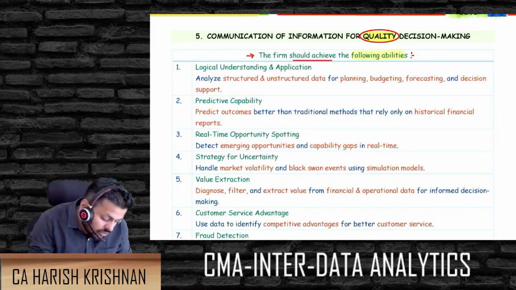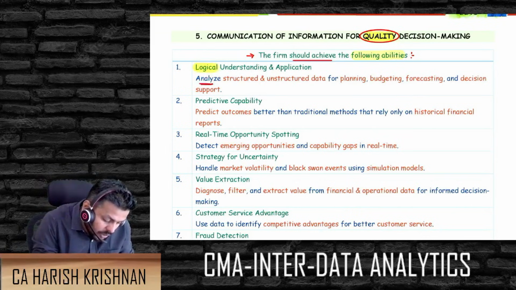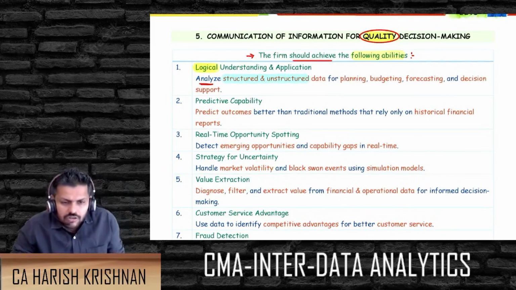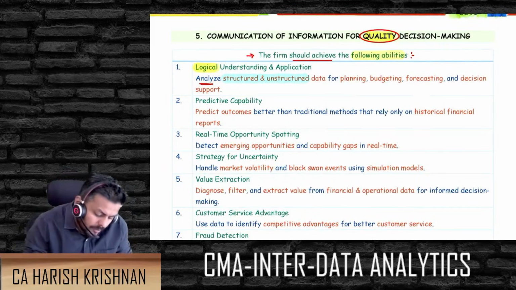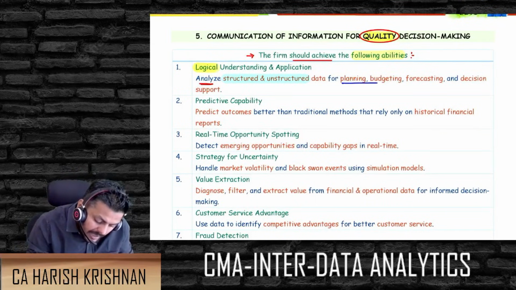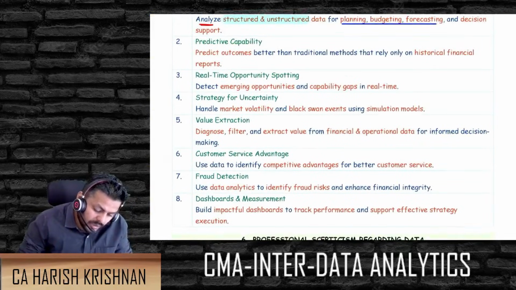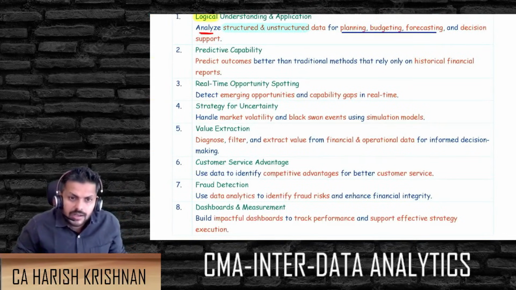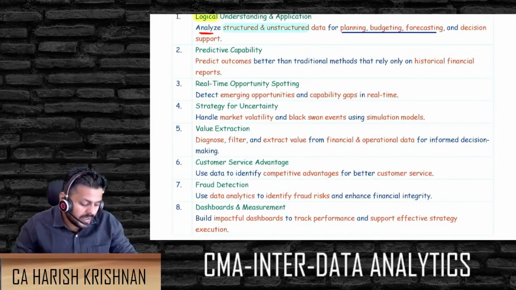So for logical understanding, you have to analyze both structured and unstructured data for planning, budgeting, and forecasting, and decision support activity. Then the next one is called predictive capability.